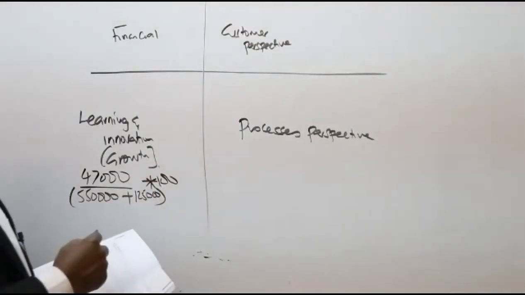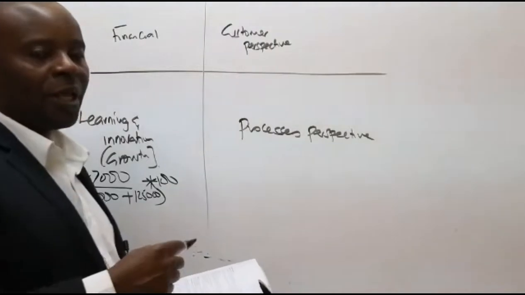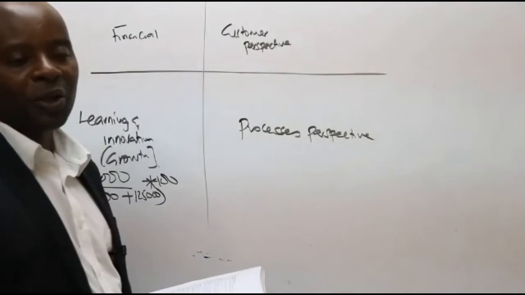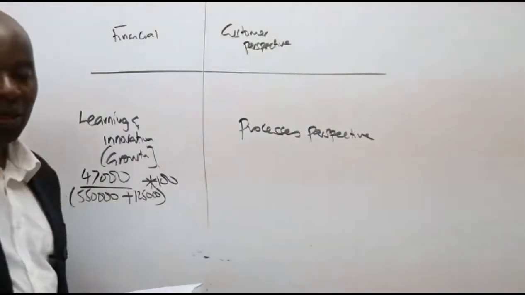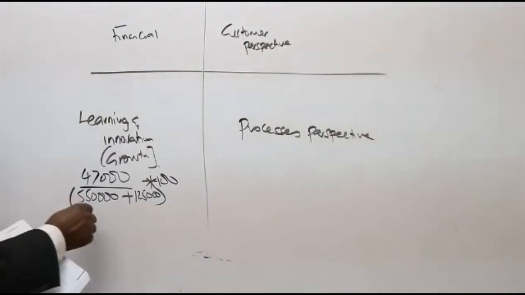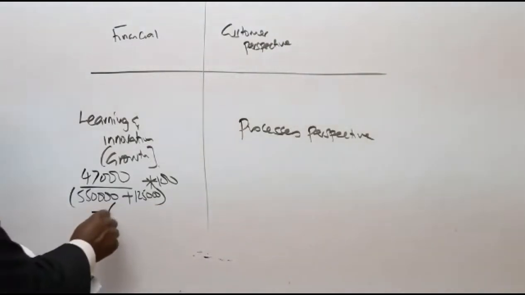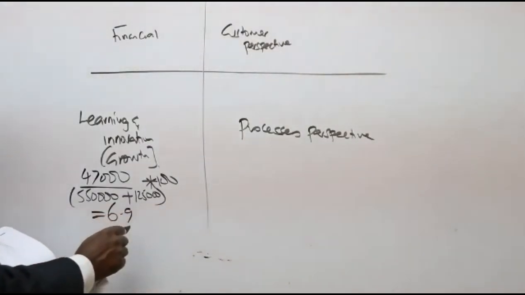And then of course I'll compare this development cost percentage to the industry benchmarks. Can somebody give me this at the end of the day? What figure are we getting here? 6.96%.